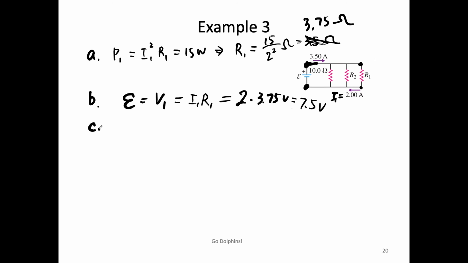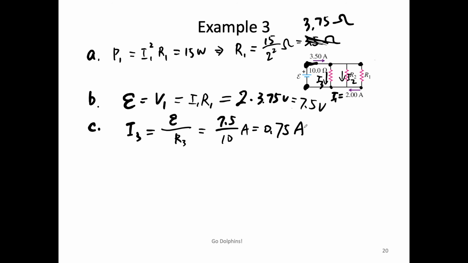Now it asks us to find out the current going through here and the current going through here. Let's call this one I2, this one I3. So I can very easily find out what is I3, right? The potential across R3 is also epsilon, over R3, which is 10, so it's 7.5 over 10, 0.75 amperes.